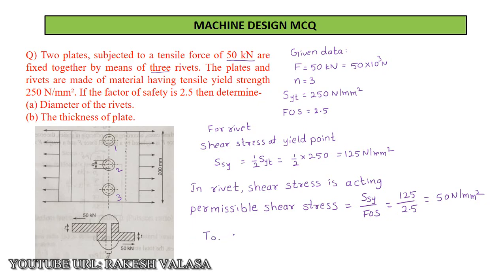Total shear area equal to 3 into pi by 4 d square. Because there are three rivets in place, shear force equal to shear area into shear stress.